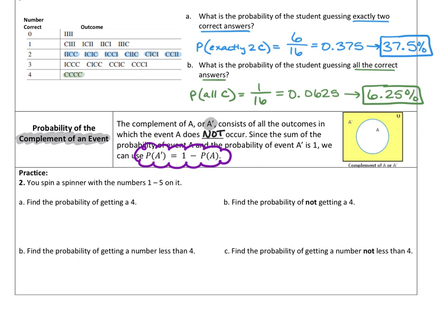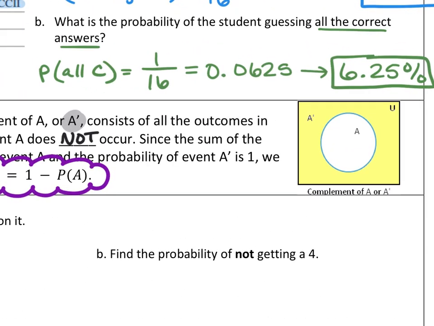And the reason for this is, if you look at the image that we've given here for the sample space, this rectangle represents the entire sample space that could occur, and right here is your event A. This is guessing all of the answers correctly. Then any other outcome that is not this is called a complement.